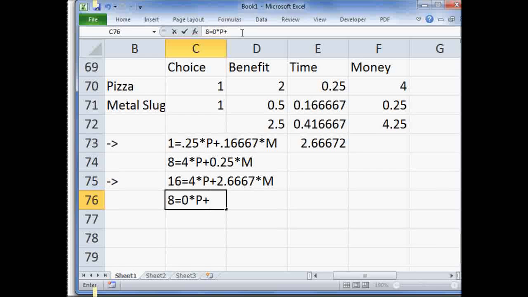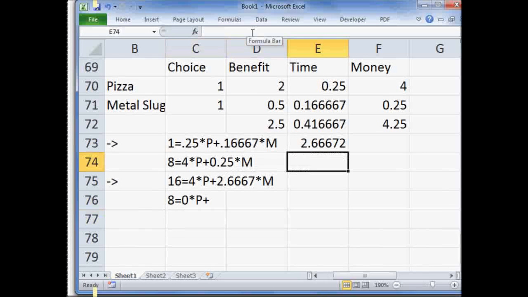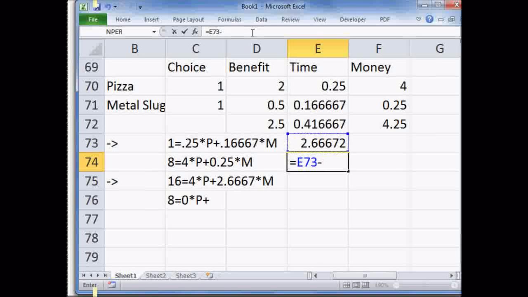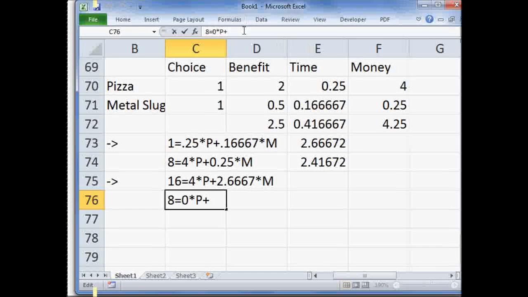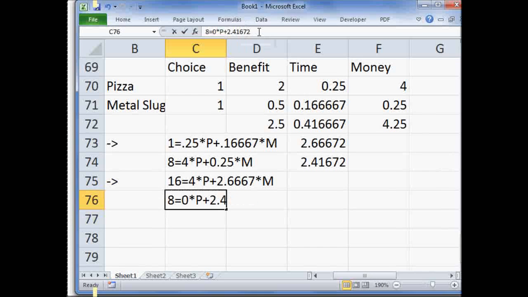And then 2.6667 minus 0.25 is 2.41667 m's.